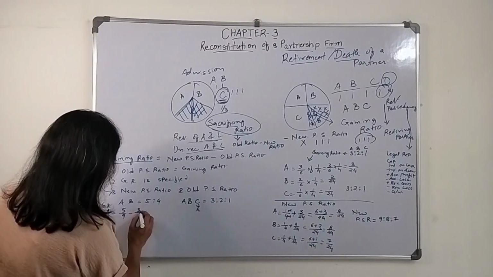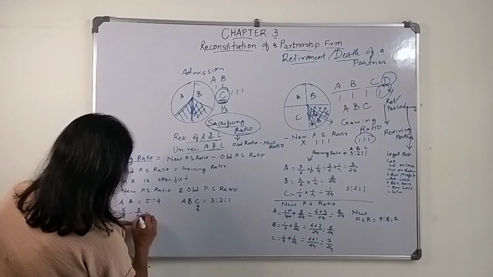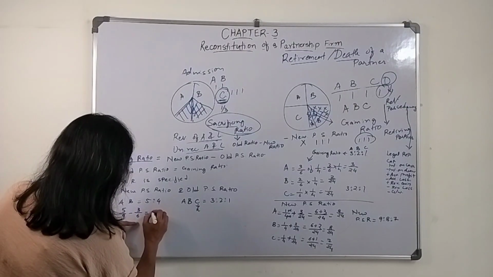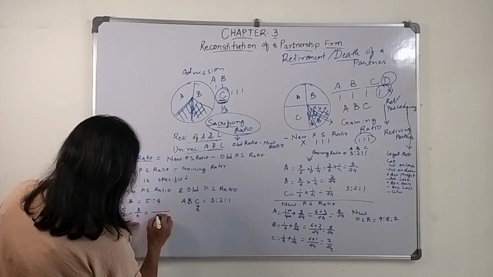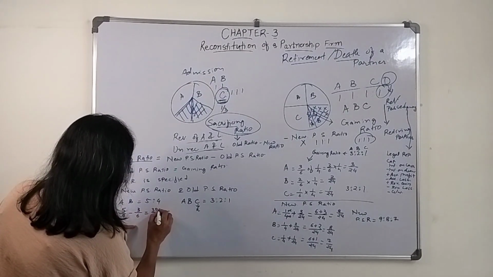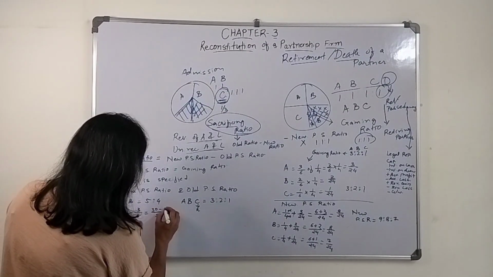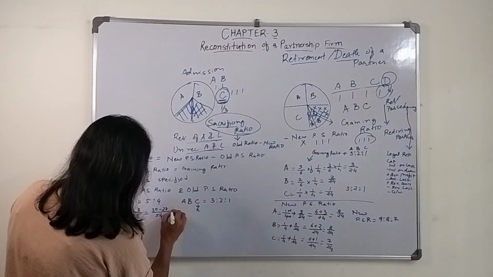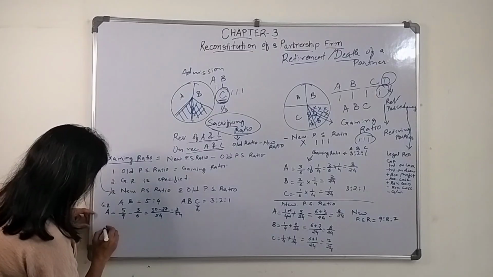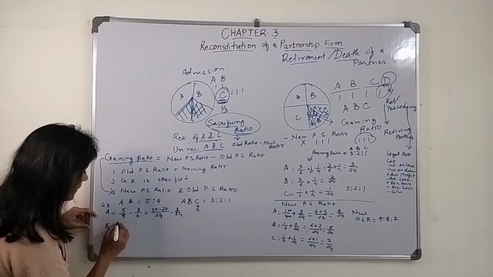That is 9 6s are 54, 5 6s are 30 minus 6 9s are 54, 3 9s are 27, that is 3/54. And B's gaining ratio is how much?